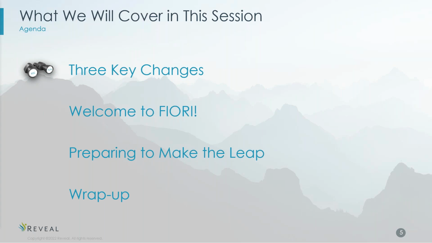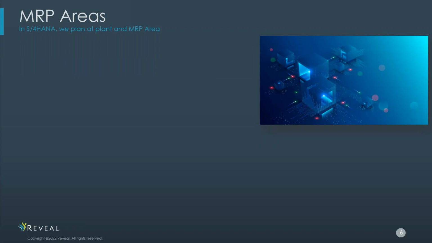And then we'll finish with some ideas and thoughts around how we prepare to make the leap, either from ECC to S4HANA, from nothing into S4HANA or another ERP solution, or if we're already up and running on S4HANA, into actually leveraging some of these tools. And then we'll bring it home with a wrap up and a Q&A, and I'm really excited and looking forward to those questions. Okay, so let's jump right in.